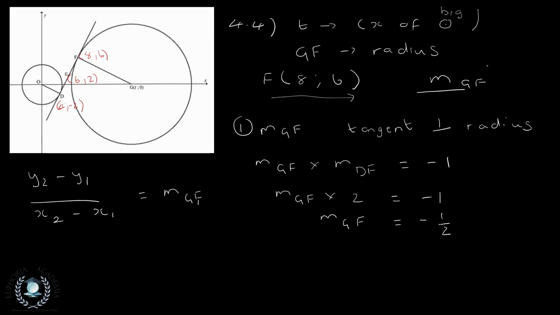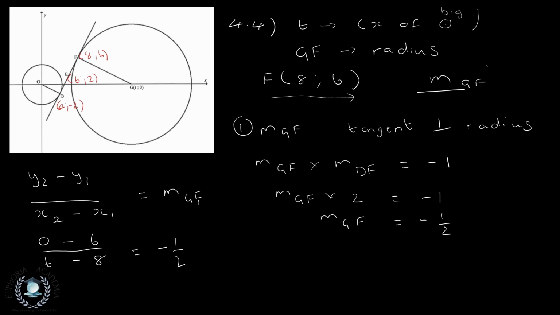Well, our y2 can be G, and our y1 will be our point F, and that will give us a 6. Point F's coordinates are 8 and 6, and at the bottom here, well, we need to find what t is. It's going to be t minus 8, and that will be equal to negative 1/2.